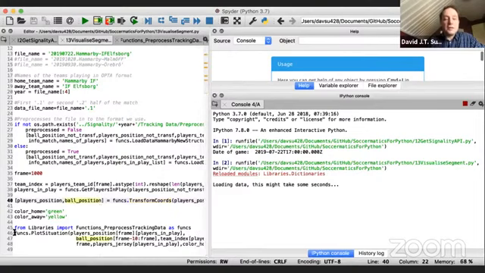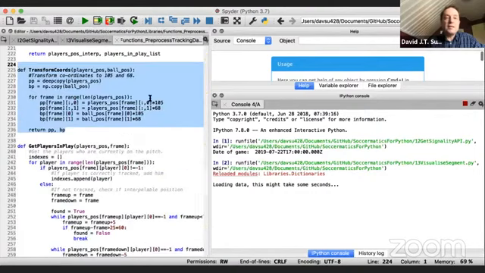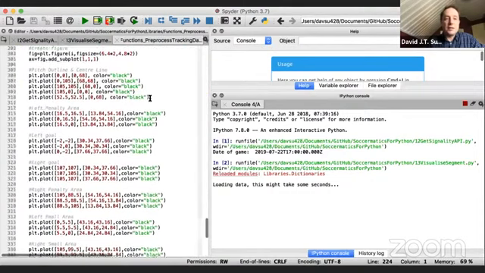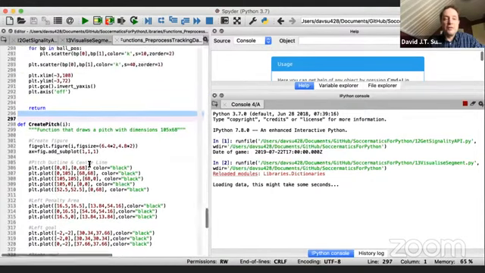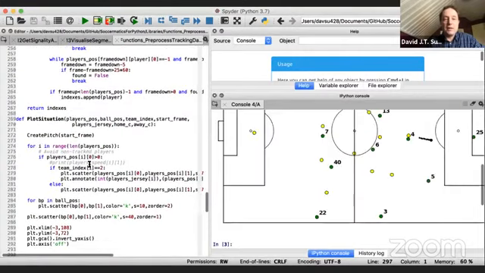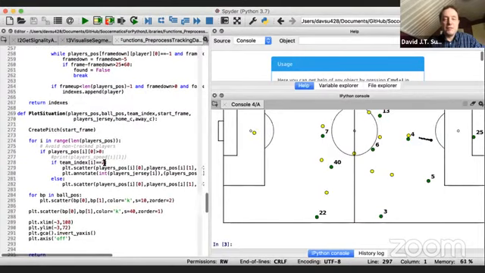Then the main thing that's done here is that we plot different situations. Inside the preprocess function we have a function which creates the pitch and plots it on 105.68 coordinates. Then plot situation loops through the players one at a time. We've said we just want the numbers on the home team that we're interested in.